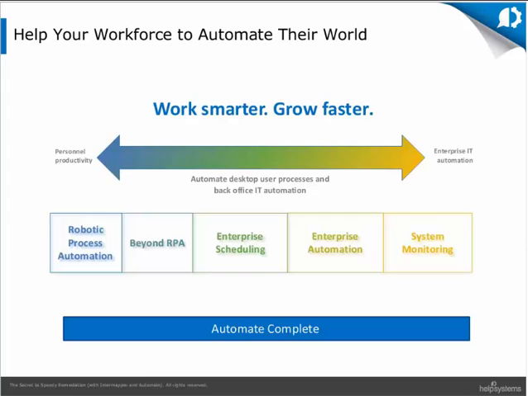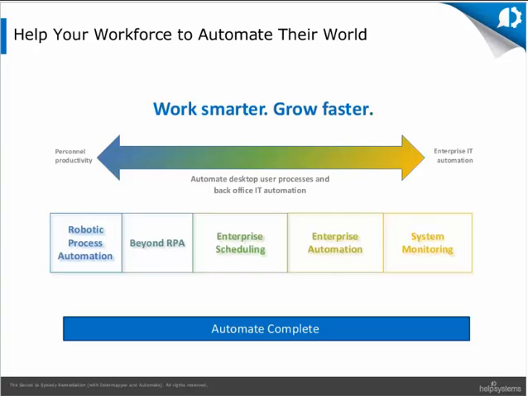So when we talk about Automate, you can be anywhere on this continuum of automation. We have a line of products that will take you from using robotic process automation on an individual workstation or within a team, to scheduling all of your back-end processes, up to monitoring your system.